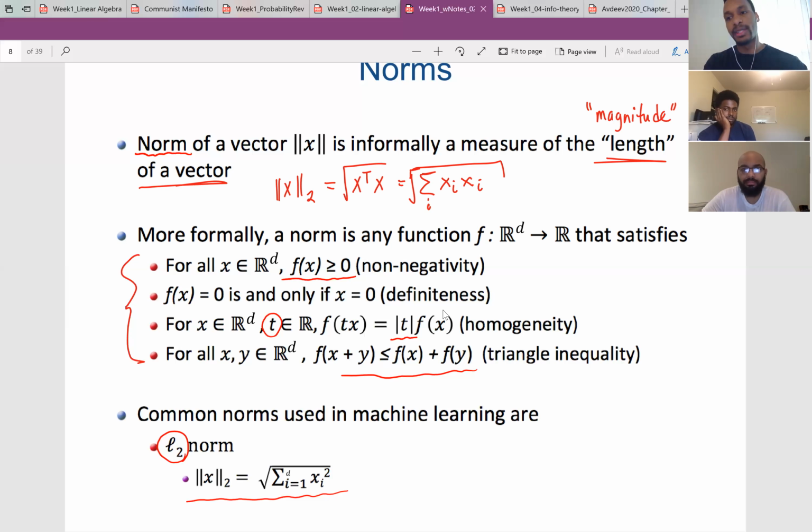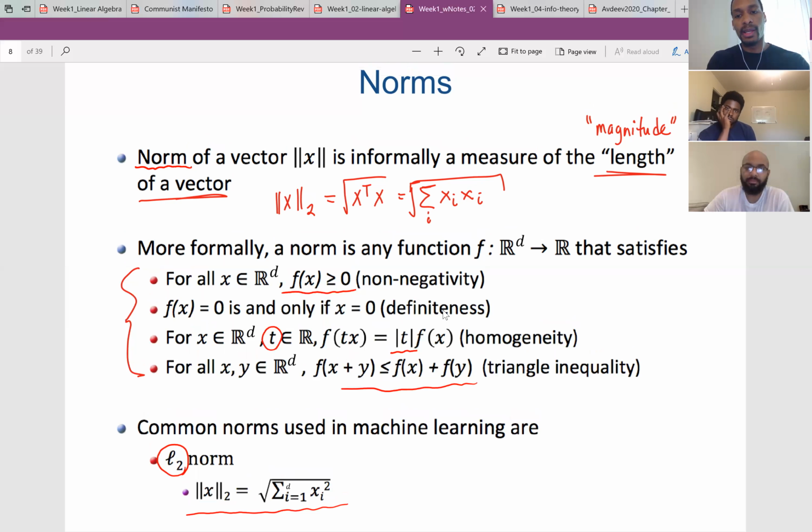Yeah, so we can use norms to basically maximize and minimize things, right? If we can calculate the magnitude of this vector, we can use this in linear regression or fitting.